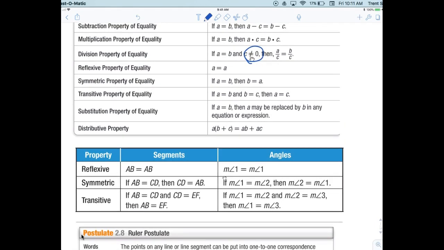So the numbers, the segments, and the angles all have the same properties. Is everybody with me on this? That's all they're saying. So there's a reflexive property for segments, a reflexive property for numbers, and a reflexive property for angles. Obvious. Angle A is always equal to itself.